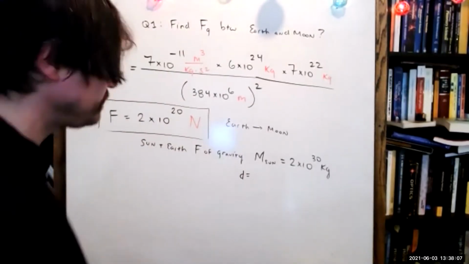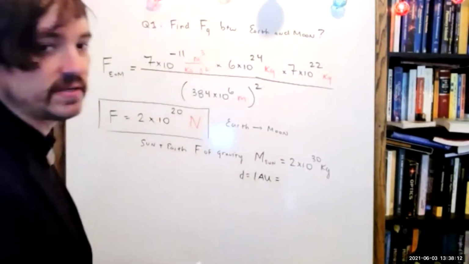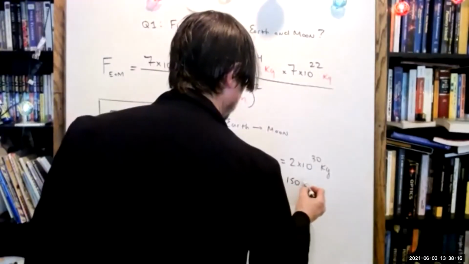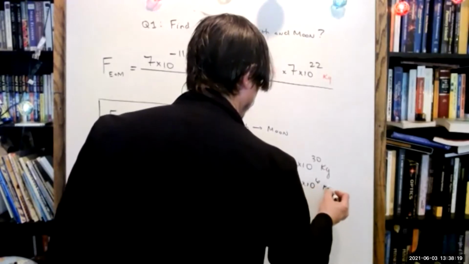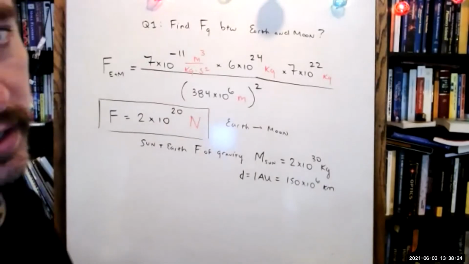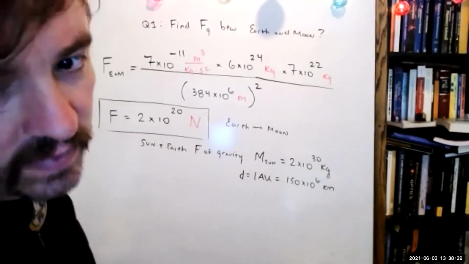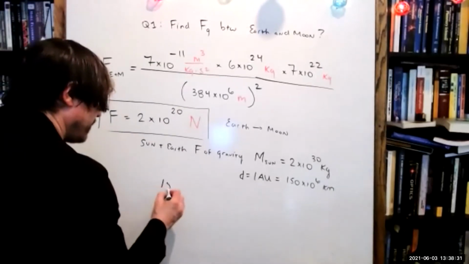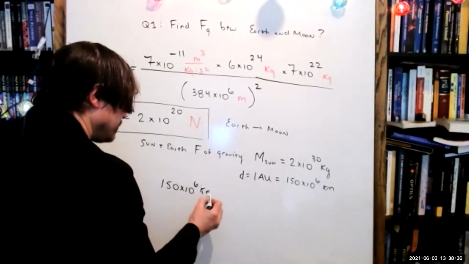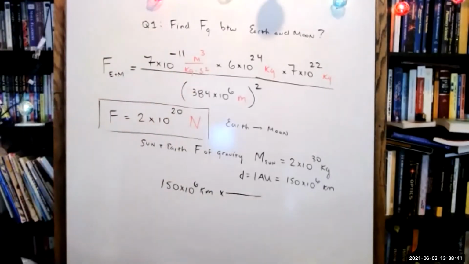1 AU. How many kilometers is that, Ryan? I think that's 150 times 10 to the 6th, I'm pretty sure. Nice. And how many meters is that? Even if you can guess, Ryan, let's do a dimensional analysis for any of the students watching at home, okay? We start with the number we want to convert, 150 million kilometers. Now we multiply by a division bar. Ryan, give me the units.